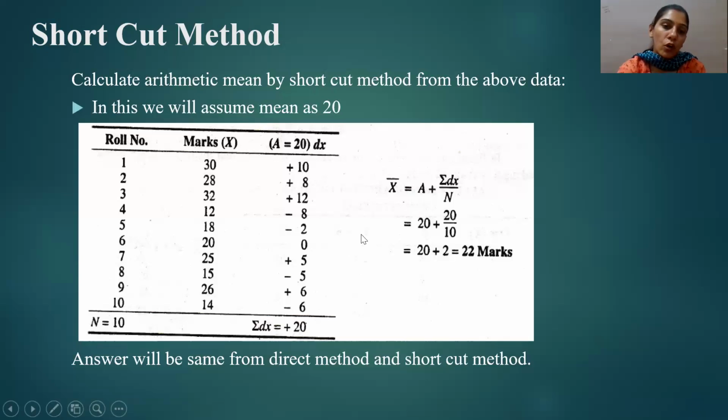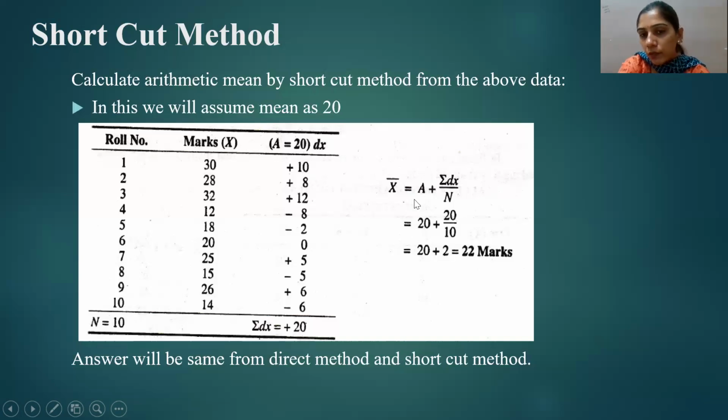Now we put all the values in the given formula, a plus sigma dx upon n, where a is the assumed mean, so the value of a is 20, sigma dx is plus 20, and the total number of items in the series is 10, so n is 10.